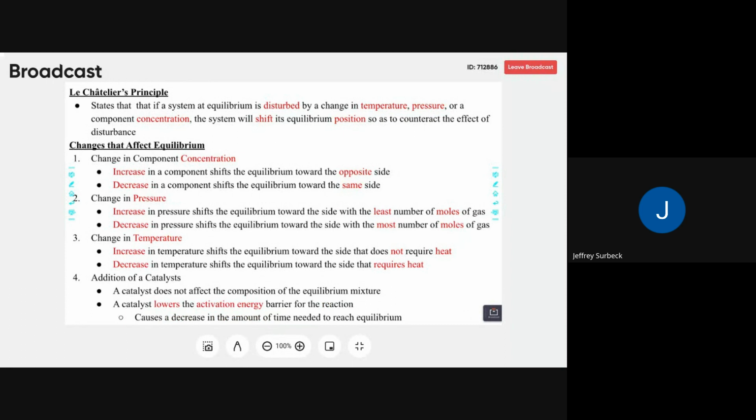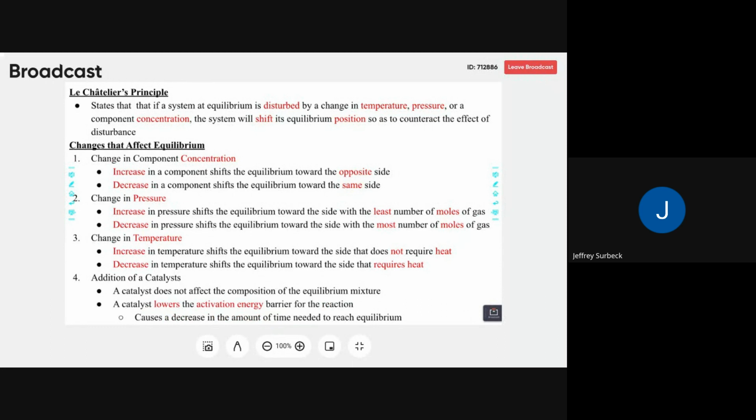So if we add something that's an original reactant, we shift opposite, to the right. If we take away, we decrease that substance in the equilibrium mixture, we shift to the same exact side that we took it away from.